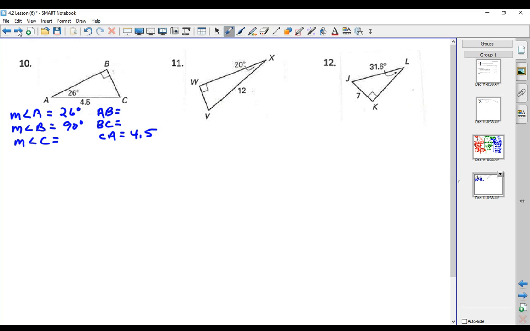All right, I can see right now that I know one of my two acute angles that have to add up to 90. So if I want to find the measure of angle C, all I have to do is take 90 minus the other acute angle, 26 degrees, and that's going to end up giving me 64 degrees.